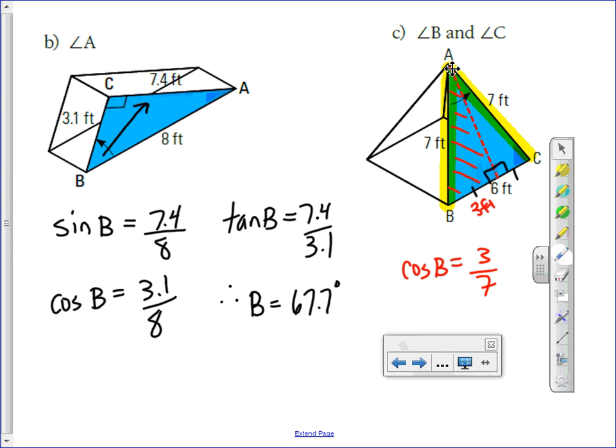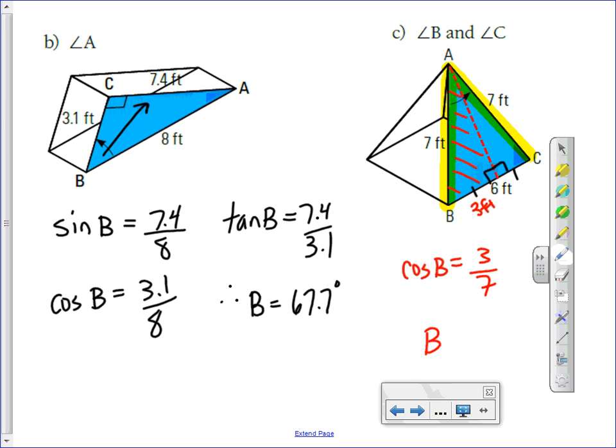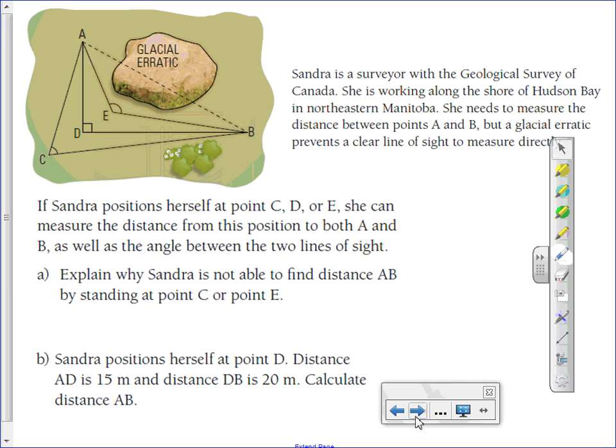And once you've done that, you know that angle B and angle C are going to be the same because it's the exact same situation on opposite sides of the same triangle. So here I find that B, when I press second function cosine, is 64.6. And again, you should be taking your calculator and practicing this so that at least you know that you need to ask if you're not sure how to use your calculator.